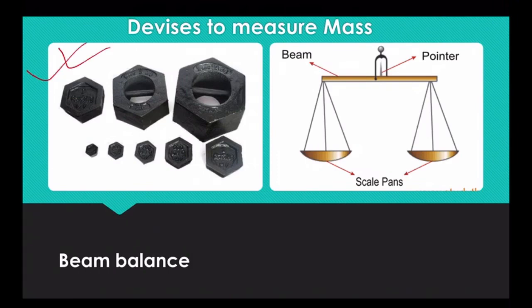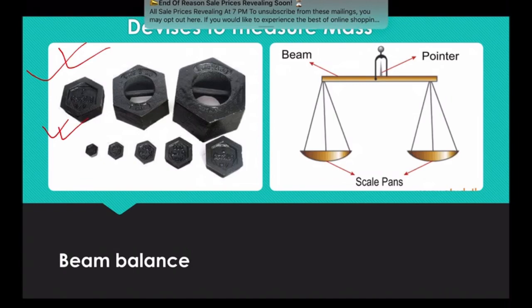In a beam balance, we place the mass of an object. How do we measure it? In a beam balance, the mass of an object is measured by comparing it with a similar mass weight. And these weights are called standard weights.